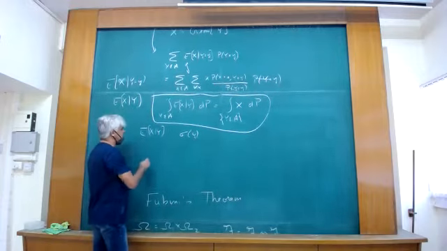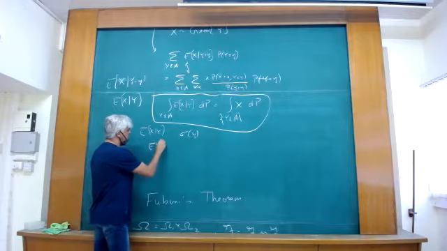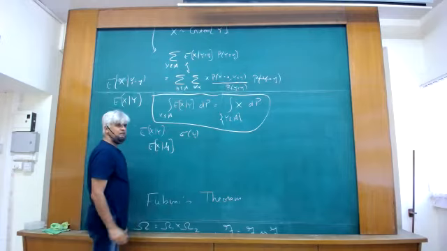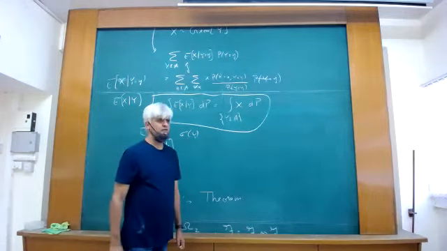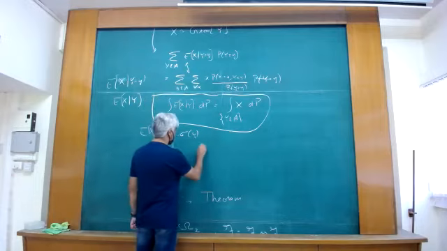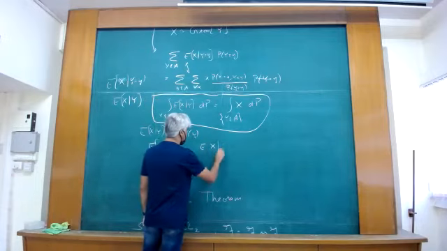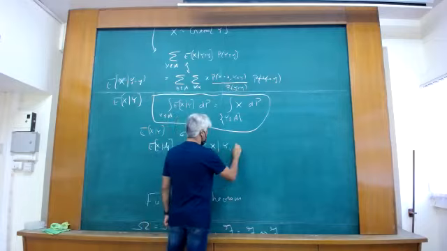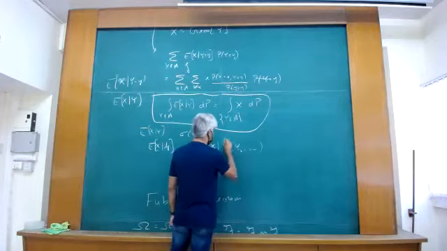So the natural generalization is to define E of X given a sigma algebra G. Instead of defining E of X given Y, we define E of X given sigma algebra G, and that captures things like E of X given Y1, Y2, and so on.